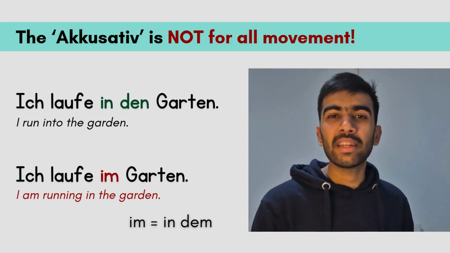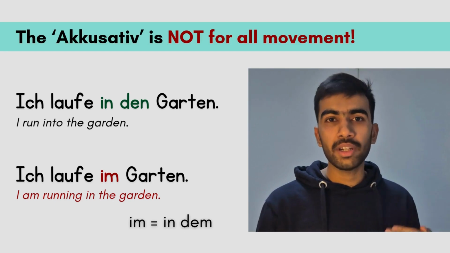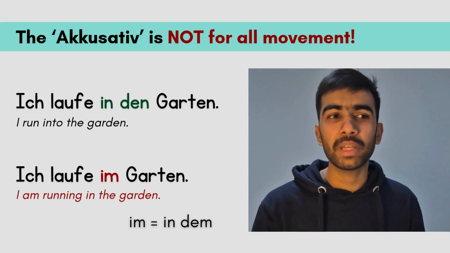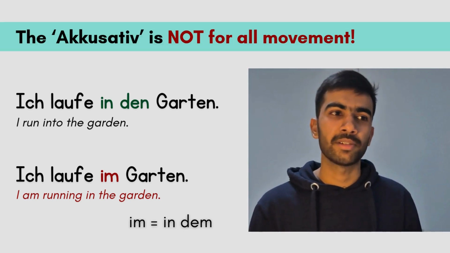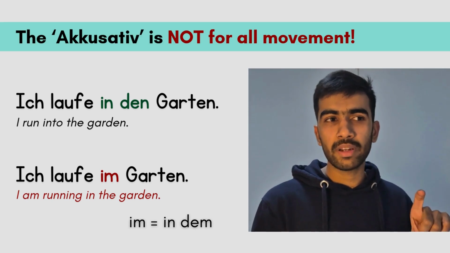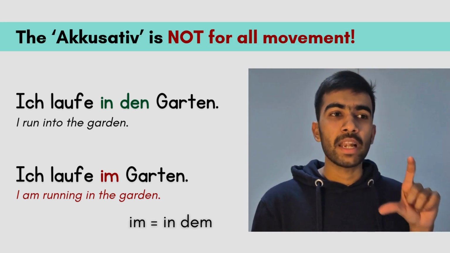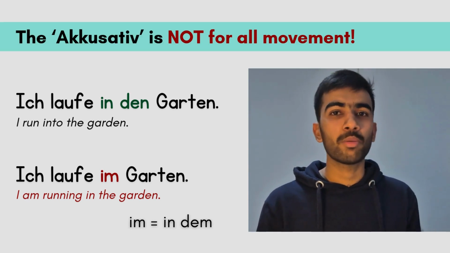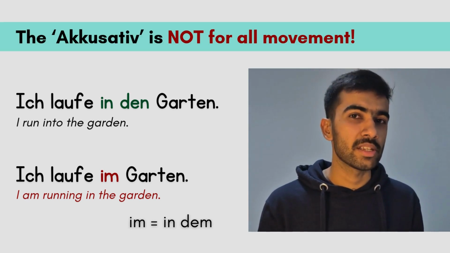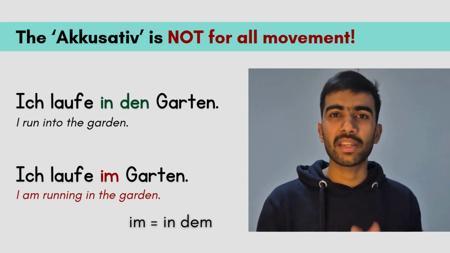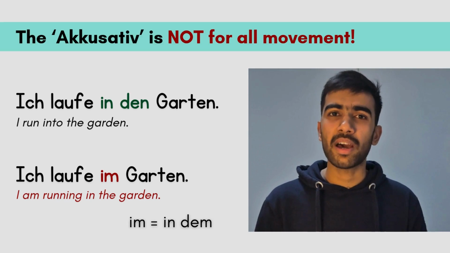Ich laufe in den Garten. I run into the garden. And the next one is ich laufe im, or in dem, Garten. I'm running in the garden. Okay, so laufen is the verb used here. Laufen is a verb which has a position change because we are running or maybe walking. So there is a position change. Okay, but why is it used in dative? Here, the second sentence, ich laufe im Garten.